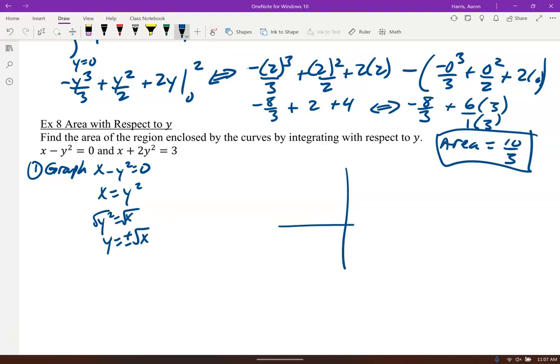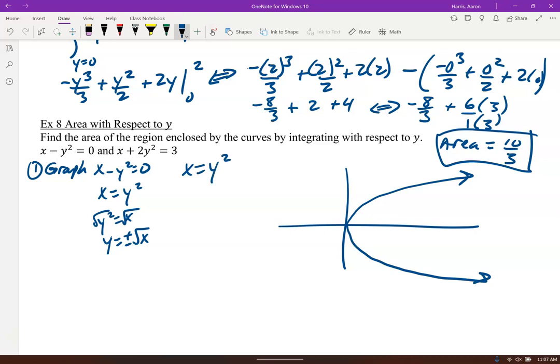So here's the positive root x, and here's the negative root x. That's what x being y squared looks like. We're going to do this with respect to y. So there's our parabola for x being y squared. That should be a little more curved right there.